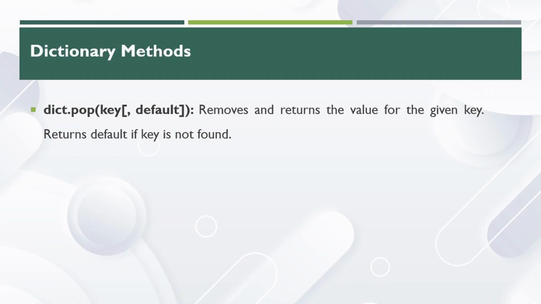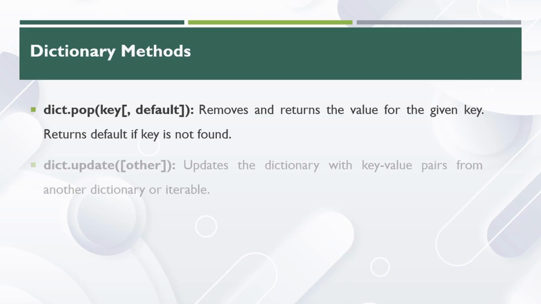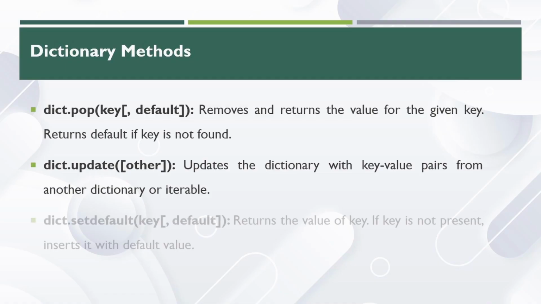The pop method removes and returns the value for a specified key. The update method updates one dictionary with key value pairs from another dictionary. The setdefault method is useful when you want to ensure a key exists, inserting it with a default value if not.